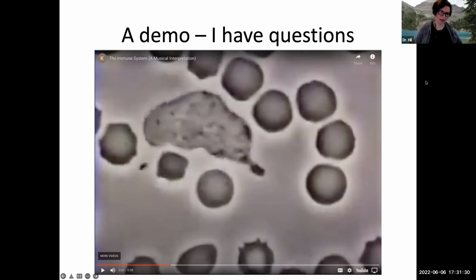Well, let's wait, and I'll just let everyone weigh in. So this little dark thing down here is what's being chased by this white blood cell.